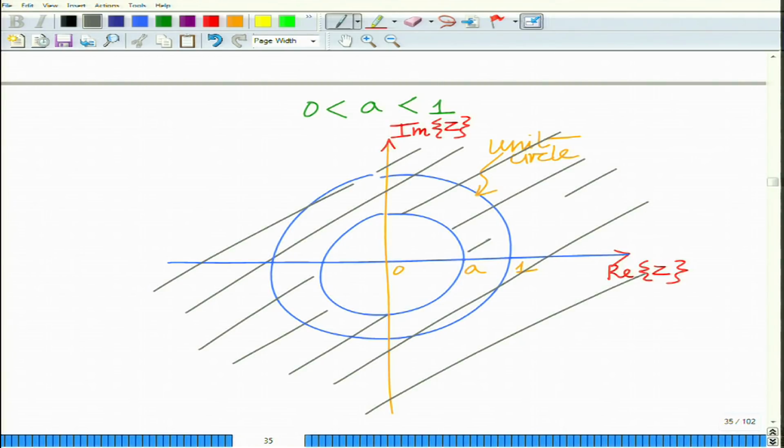So, this is basically your ROC, that is magnitude z greater than a.